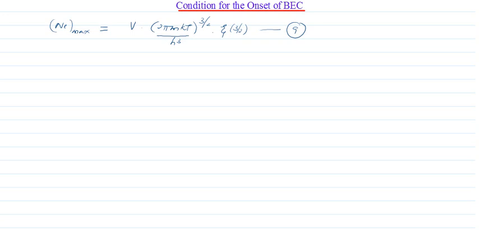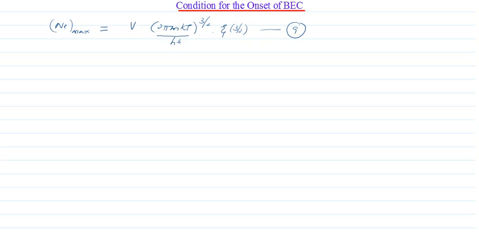The excess number of particles will be forced to go down to the ground state where they can reside. This phenomenon in which the particles are pushed down to zero momentum or zero energy states, the so-called ground state, when the temperature is taken below a critical value, is what is known as Bose-Einstein condensation.